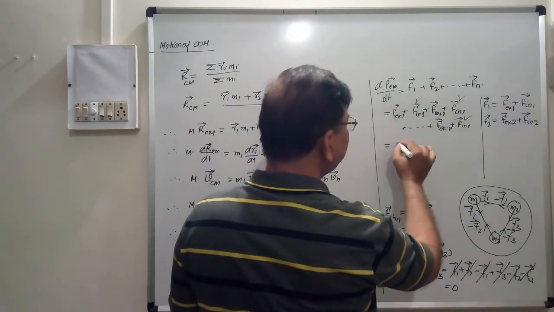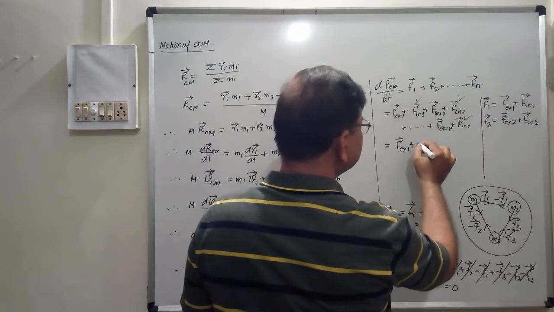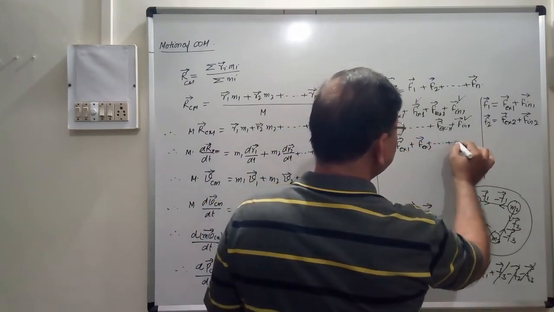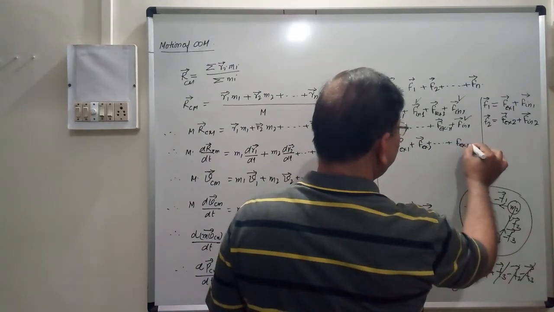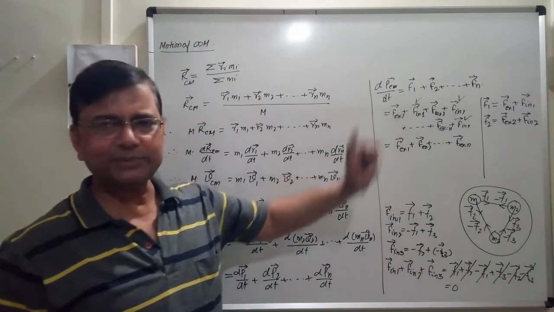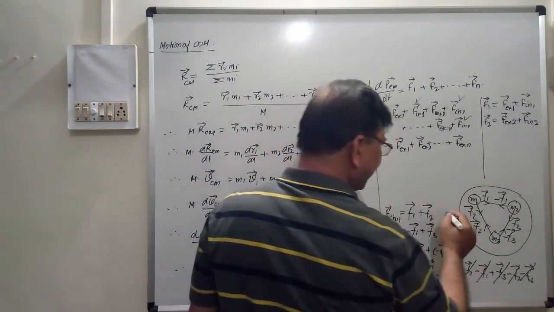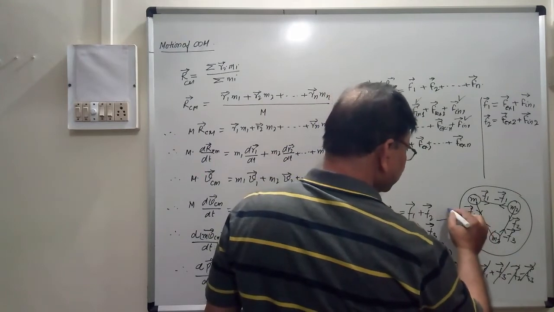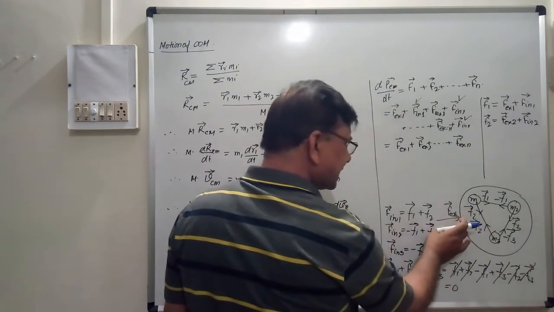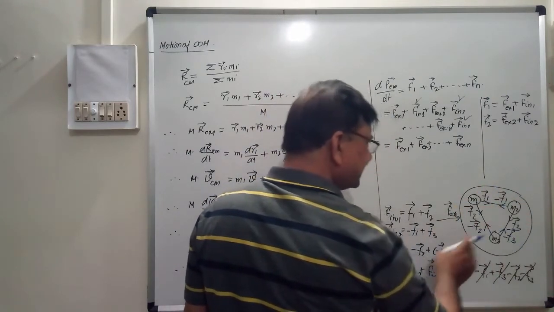So we will be left with F external 1 plus F external 2 and so on up to F external n. So the rate of change of momentum of the center of mass will be the sum of all the external forces acting. Suppose the external force is F external, right? This external force will be the forces acting on these masses.